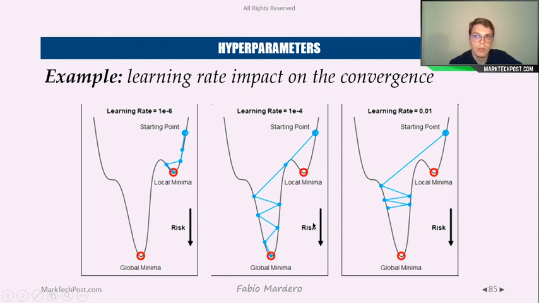So the goal when training a machine learning algorithm that requires a learning rate is to find the best possible learning rate that guarantees us to overcome local minima, but also to reach the global one.